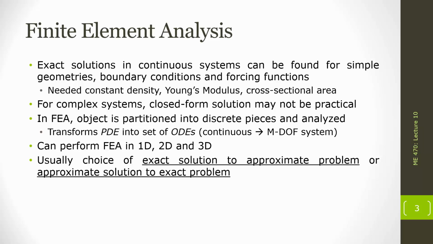Or, and this is what finite element analysis is doing, we are taking the exact problem and we're going to be getting an approximation of the solution. So we are taking the problem, breaking it down into these small pieces, and solving it that way, and we get an approximation of the solution, and that approximation usually will get better and better as we take smaller and smaller pieces as we work through the mesh.